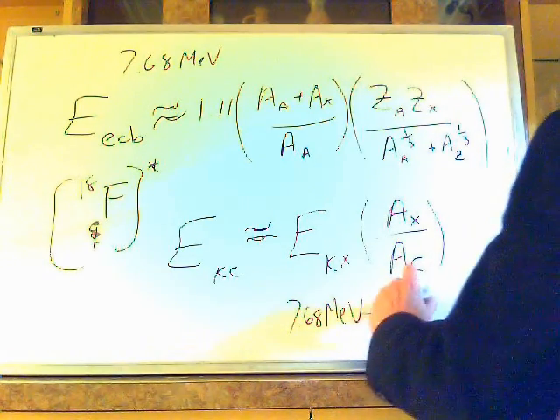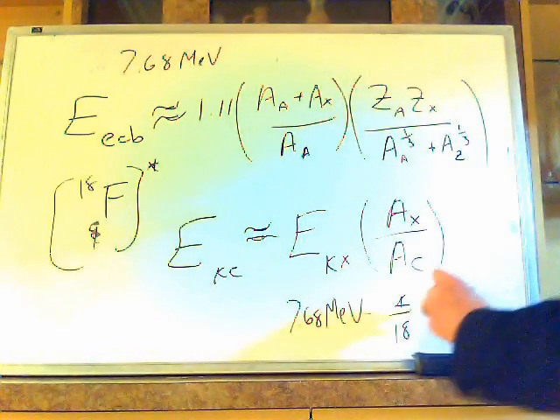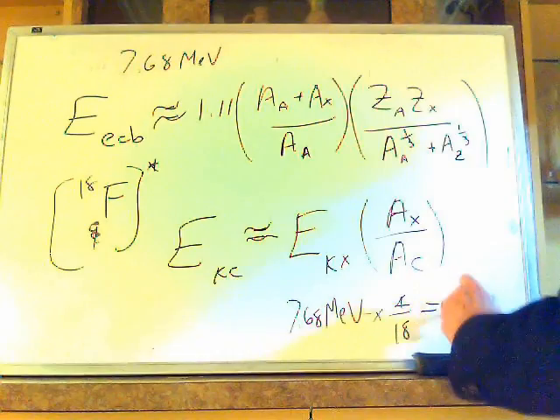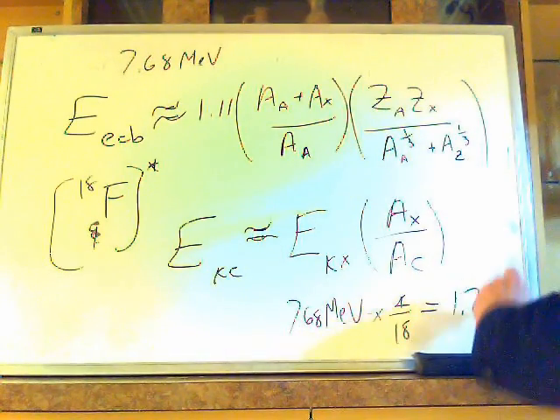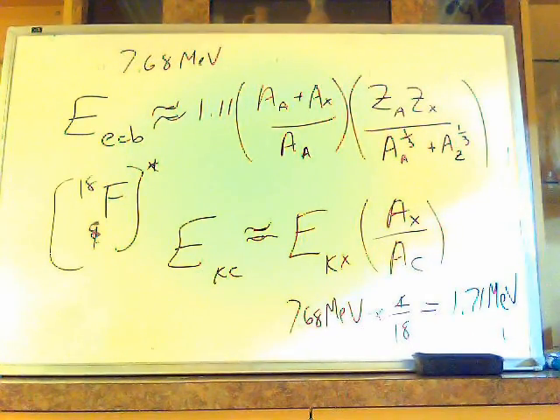It's helium. It's 4. So it's 4 over 18, and that gives us a value of 1.71 million electron volts. Okay, so that is the kinetic energy of the compound nucleus.